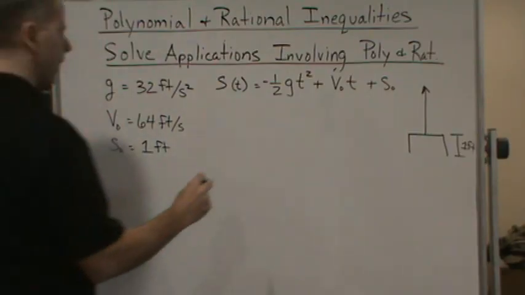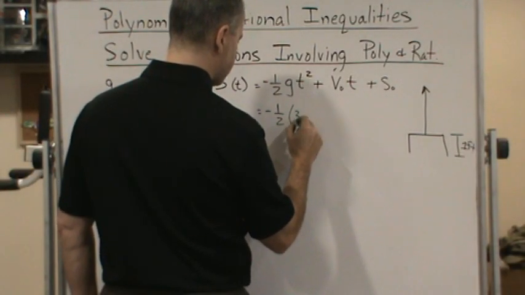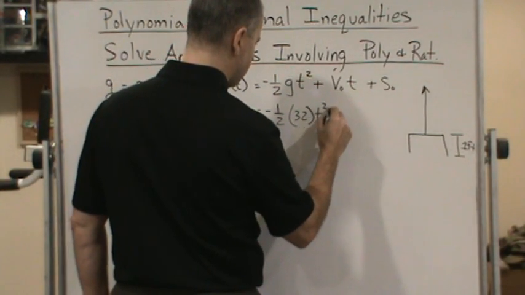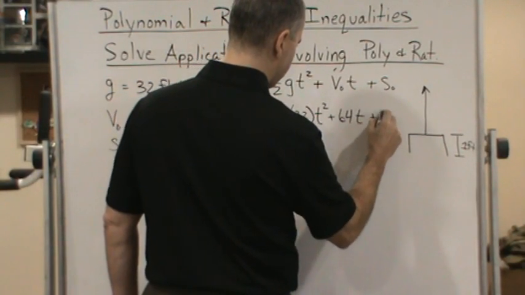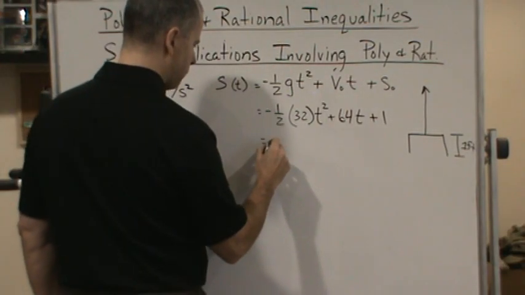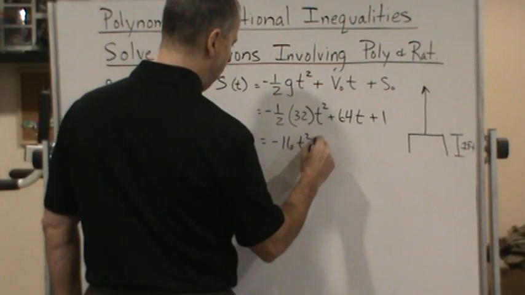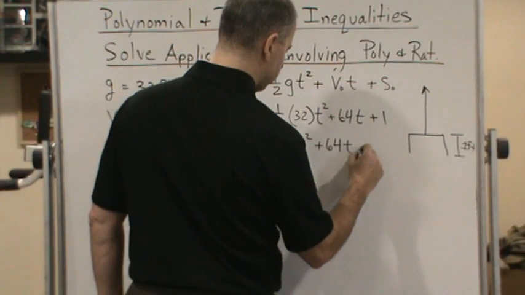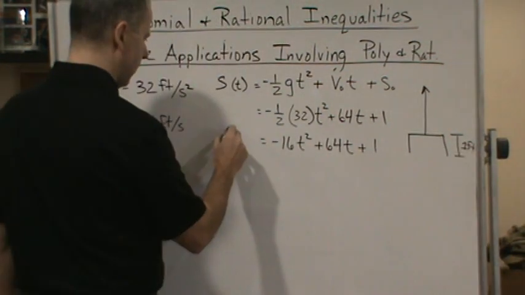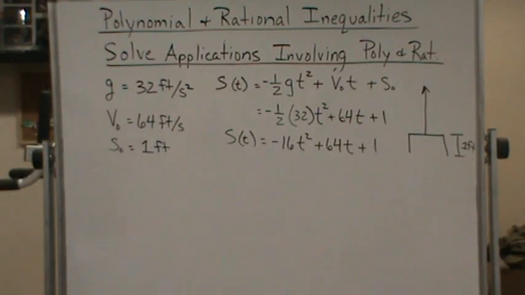If we plug everything in, we get negative 1/2 times 32 t squared plus 64t plus 1, which equals negative 16 t squared plus 64t plus 1. That would be our model for this particular case.